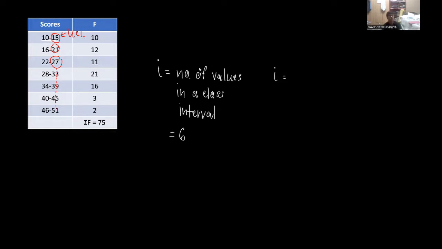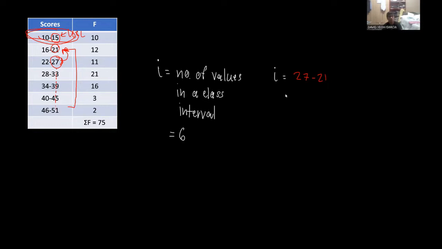So how can I use this as a method to find the class width? I'll just pick any upper class limit except the first one. Let's say I pick 27. I subtract from 27 its previous upper class limit, which is 21.